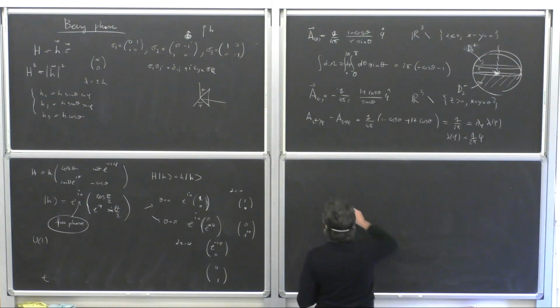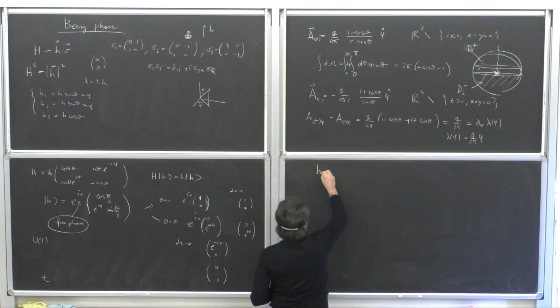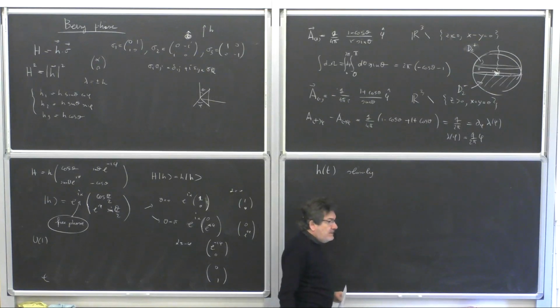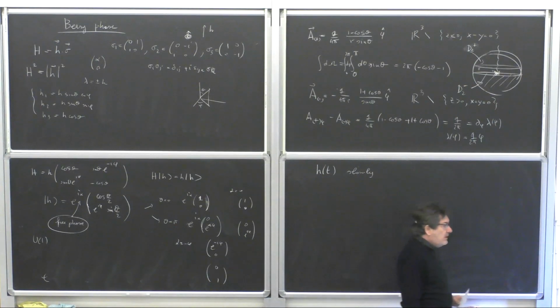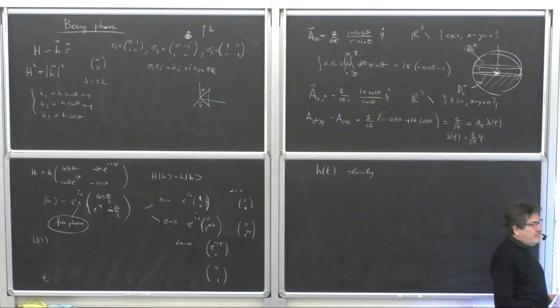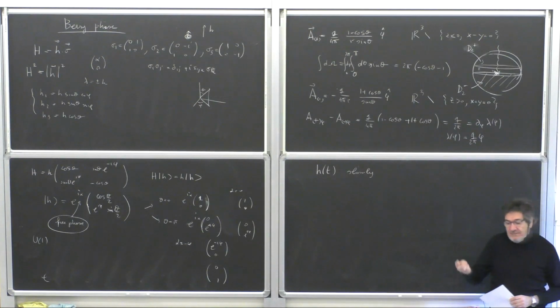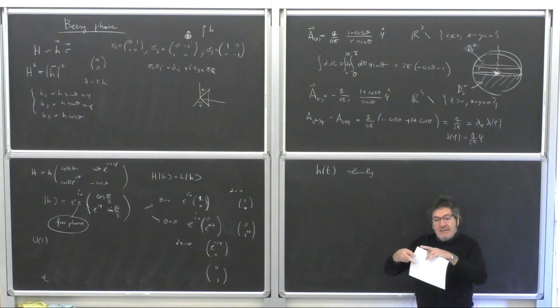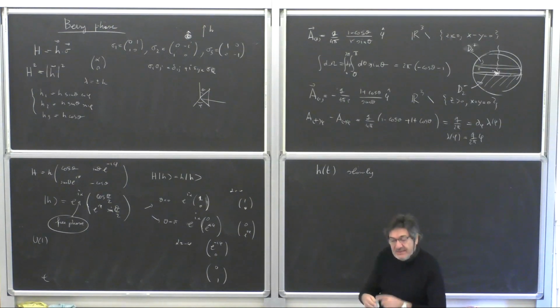Okay? Then you have to imagine doing an adiabatic change of the magnetic field slowly in time. So you say H depends on time, and slowly. Well, why slowly? Because you don't want to create an excitation. If you have a two-level state and make an abrupt change, the state can jump from one state to the other.